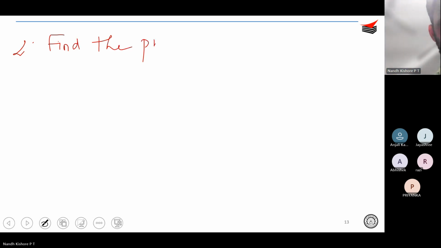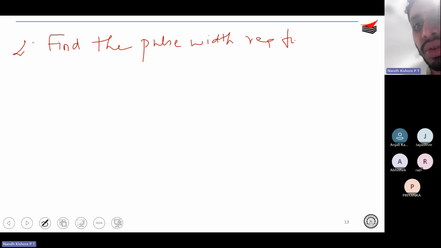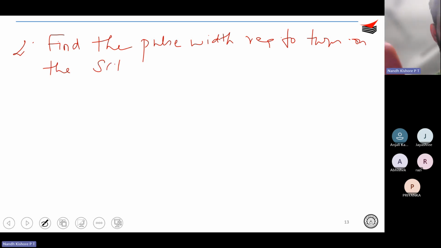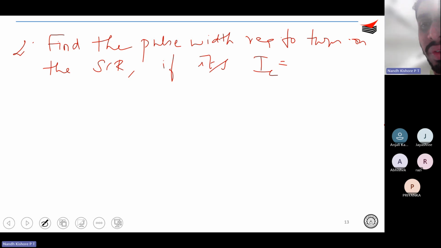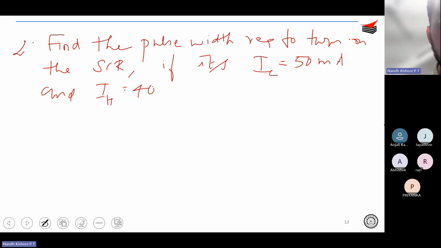Find the pulse width required to turn on the SCR if its latching current is 50 milliamperes and holding current is 40 milliamperes.